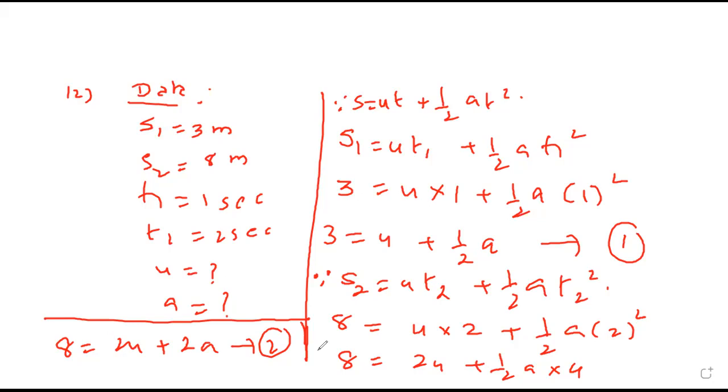Fine, sir. So actually we got two equations. Both equations have got u and a. So I will eliminate u from the first equation and substitute in the second. Once I get one value, then I can get the second value by putting that in either of the equations.